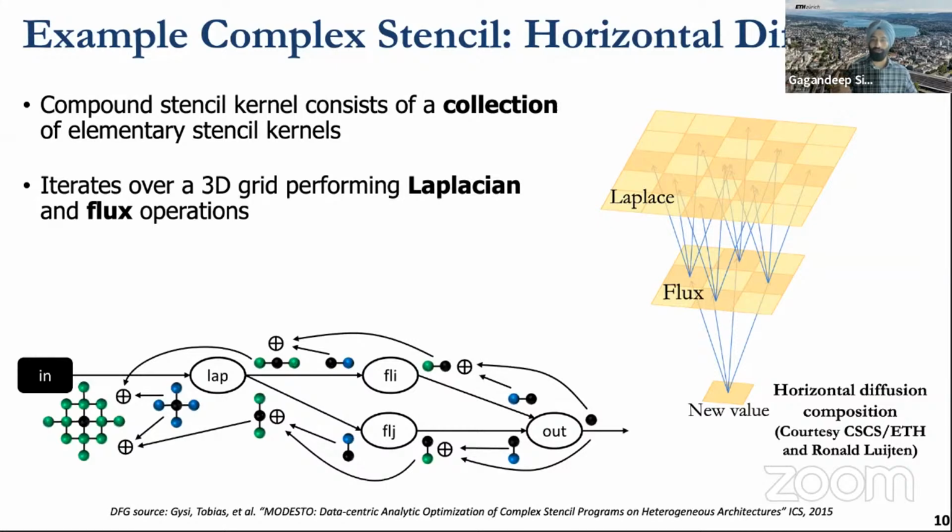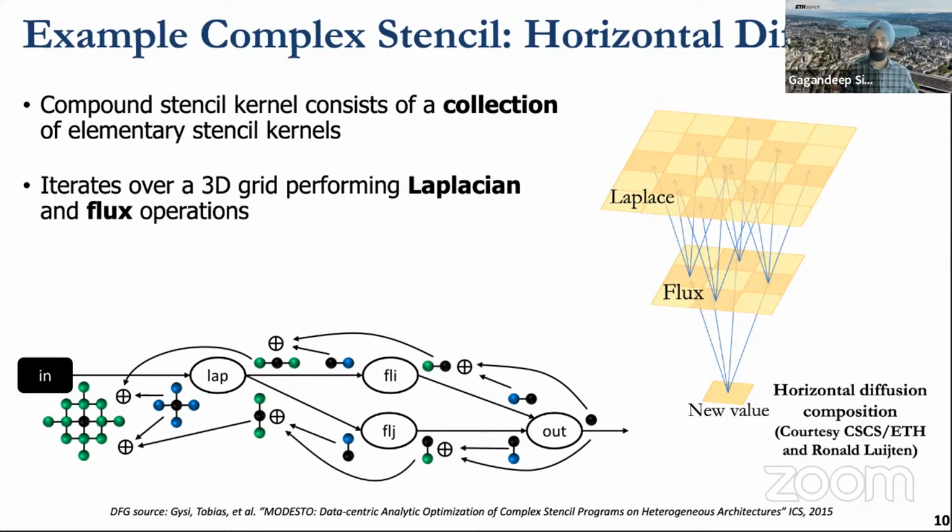The picture below shows the composition of the horizontal diffusion stencil, which has Laplacian and flux stencils being applied on the input grid. The black node is the input node, and the white ones are different stencils being applied on the input data. The figure shows that each stencil inside horizontal diffusion has a different access pattern.